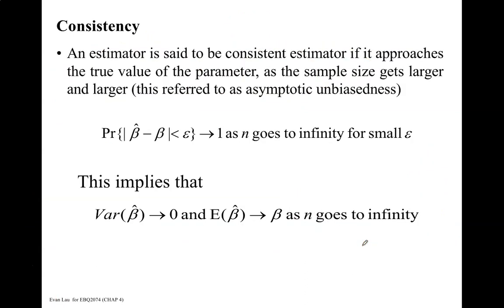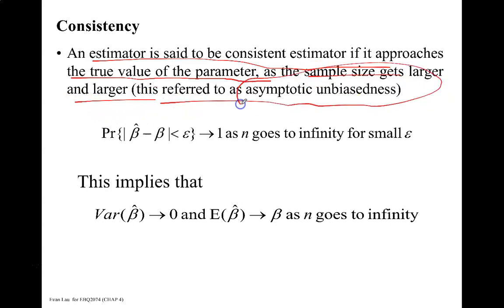Consistency is also very closely related to the sample. An estimator is said to be consistent if it approaches the true parameter value as the sample size gets larger and larger. Asymptotic unbiasedness. As the sample size gets larger and larger, we get close to the true parameter. What is the true parameter? It is the population parameter. We want to get as close as possible to the population with the sample that we use.